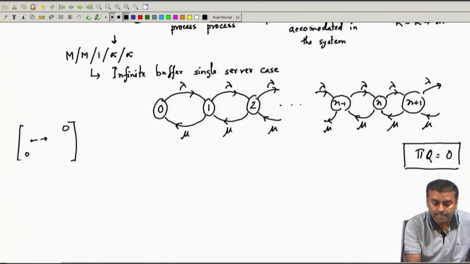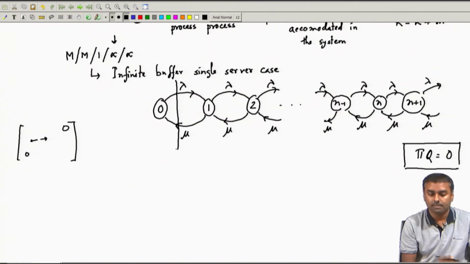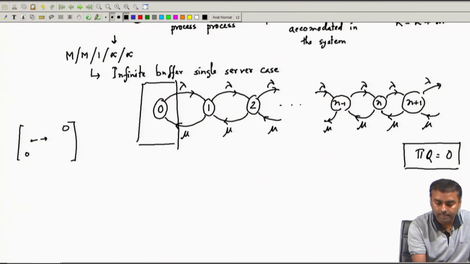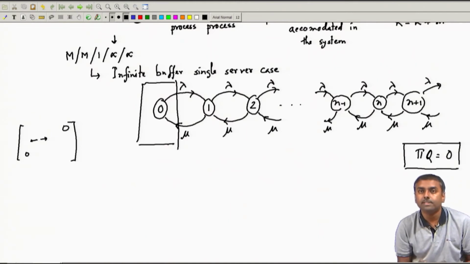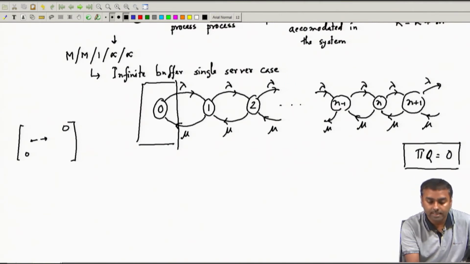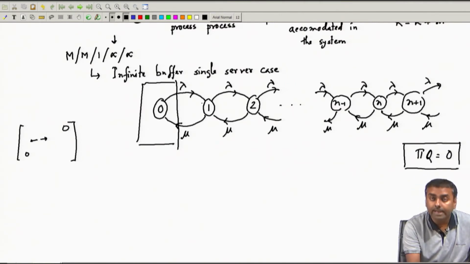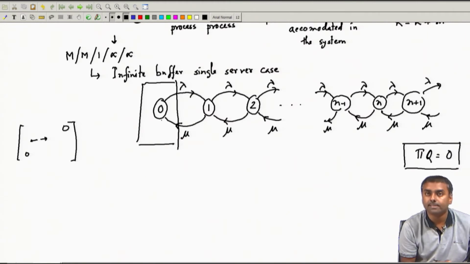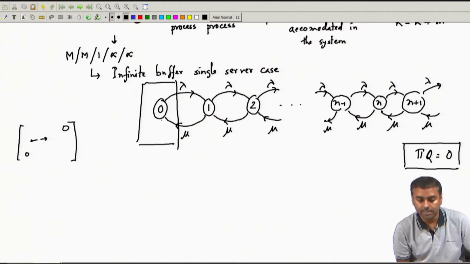The other way we have discussed is the total outgoing rate, because it is stationary. So the total outgoing rate of probability should be balanced by the incoming.